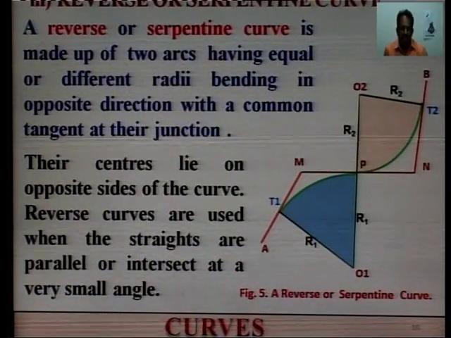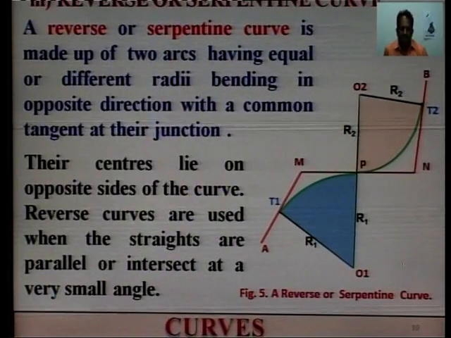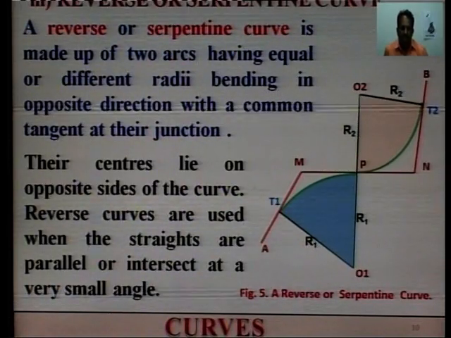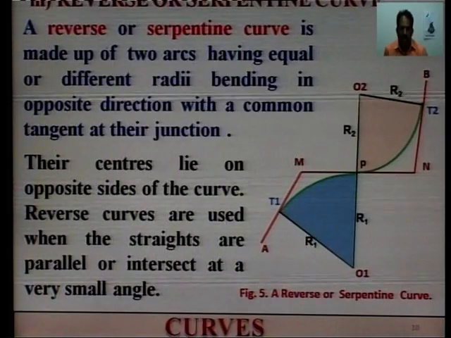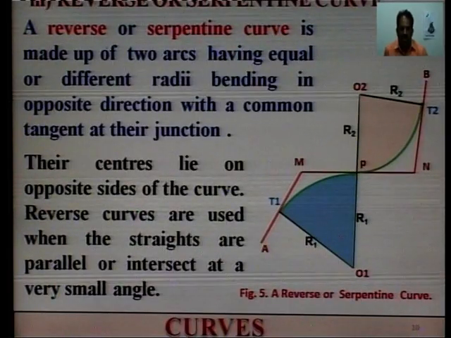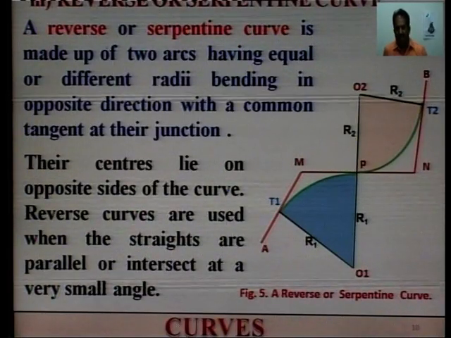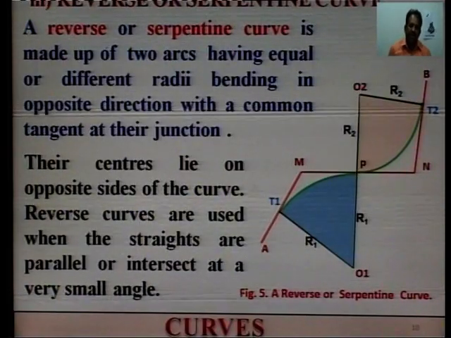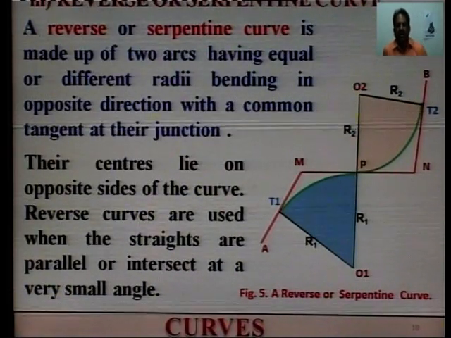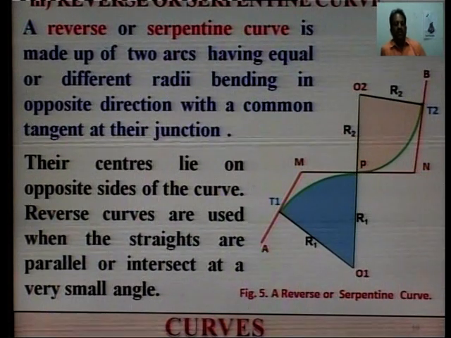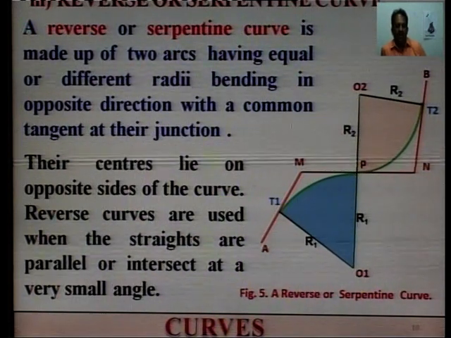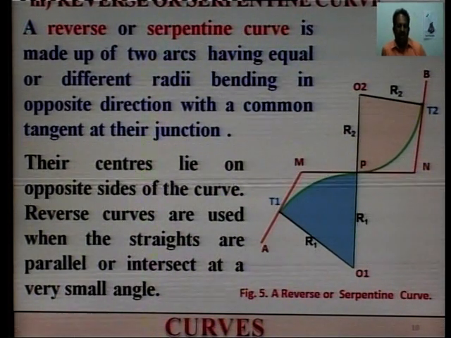Reverse curves are used when the straights are approximately parallel or intersect at a very small angle. That is, reverse curves are used generally when the straights AB and BC are parallel or intersect at a very small angle.